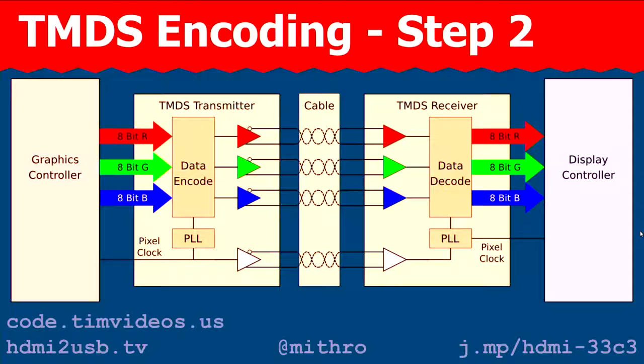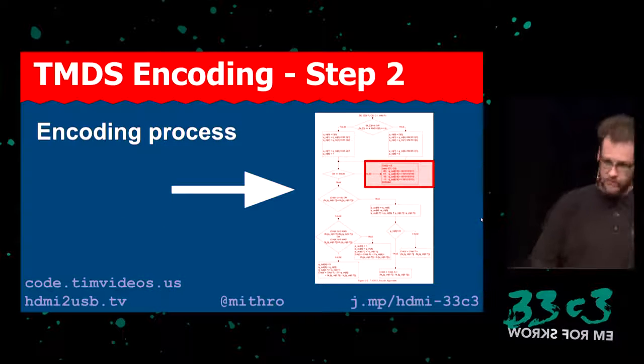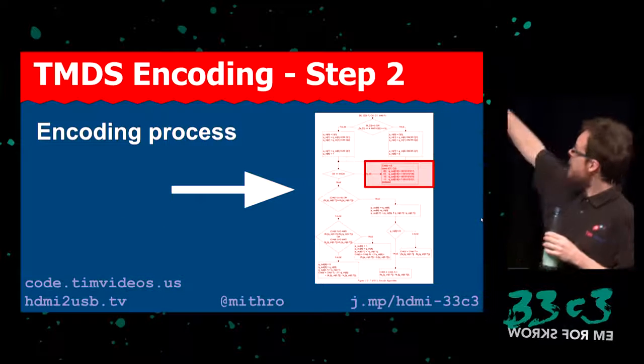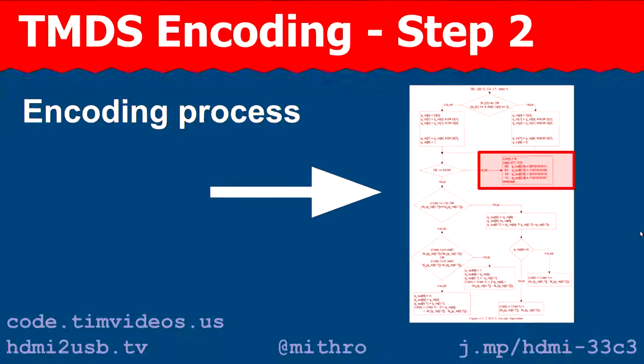And so by having lots of these transmissions, we can actually find the phase relationship between each of the channels and then recover the data. And so that's why these control symbols have a large number of transitions in them. More on that later when we get to implementation. And I'm running out of time. So this part of the diagram is the control data encoding.